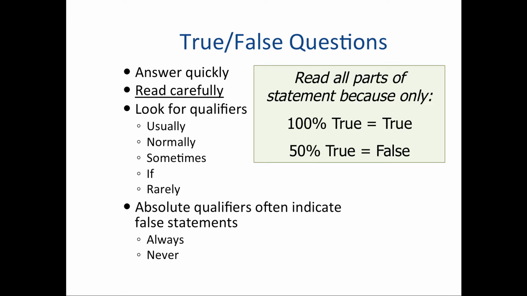So oftentimes I give them a sort of multi-level question, and I have them read all parts of the statement and say, is this true or false? And to let them know that all parts of a statement have to be true in order for something to be true.